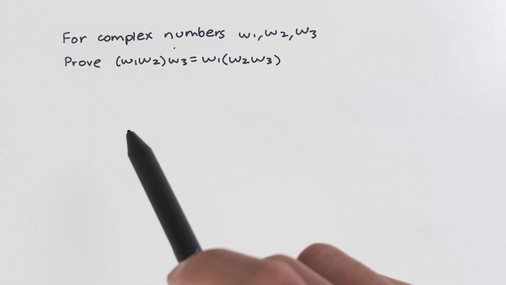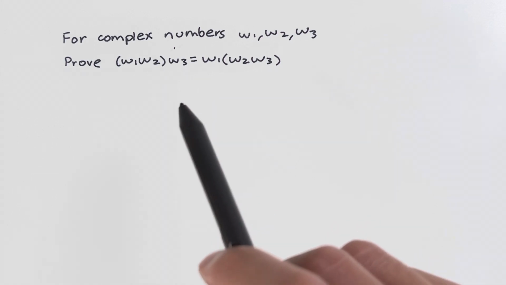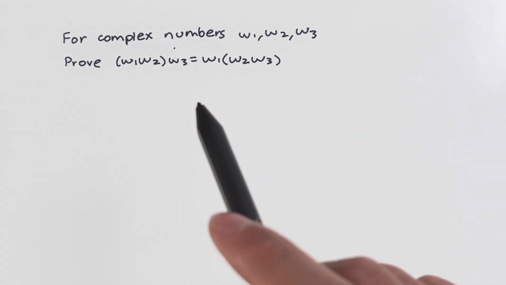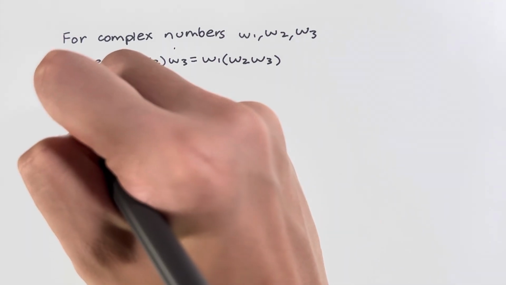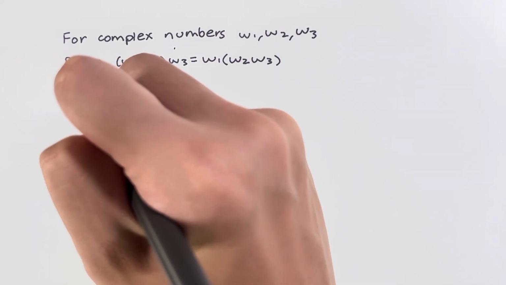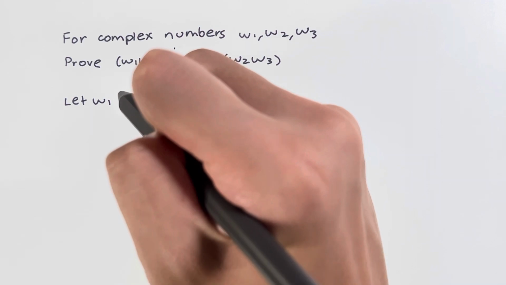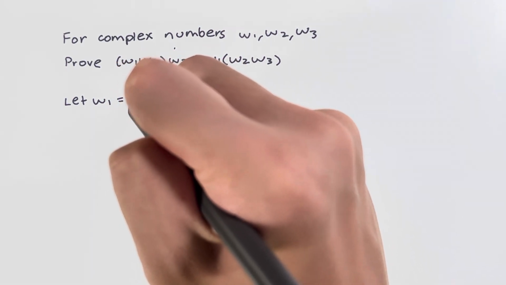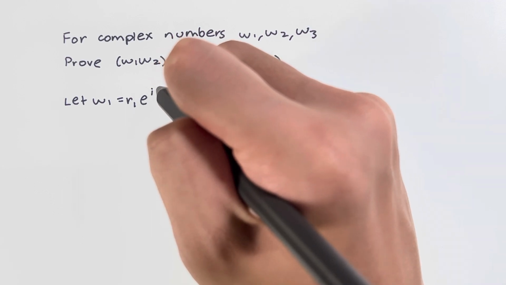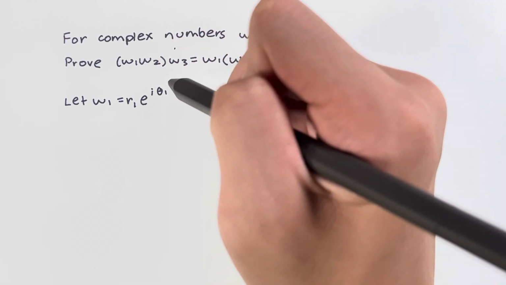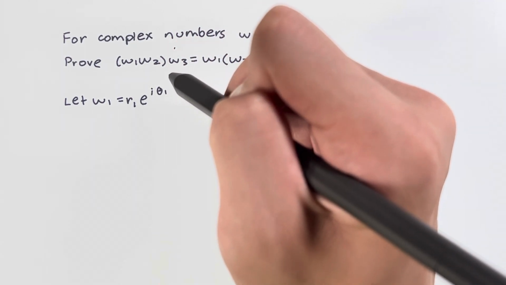So, to solve this problem, we know that complex numbers have exponential forms. So we can just let W1 equal R1 times e to the power of i theta 1, and this is the form of exponential functions.